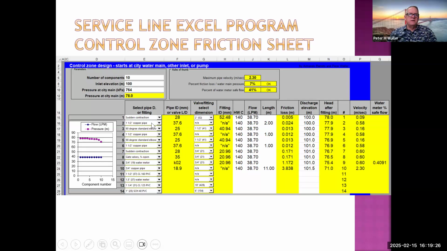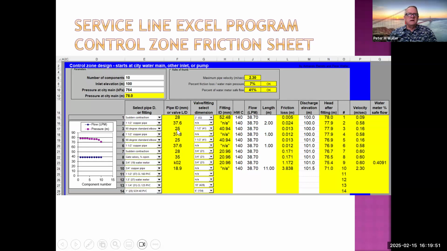Then we have an inside diameter for the copper pipe. We have a 90-degree elbow. The L over D is 25. And if you look in the catalog spreadsheet, you'll see that opposite these fittings, which you access here in the drop-down menu, they refer to the table in the catalog spreadsheet.